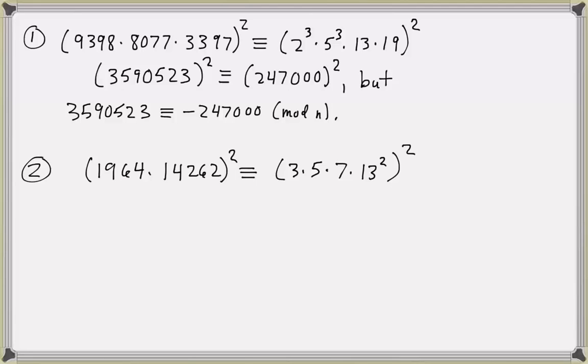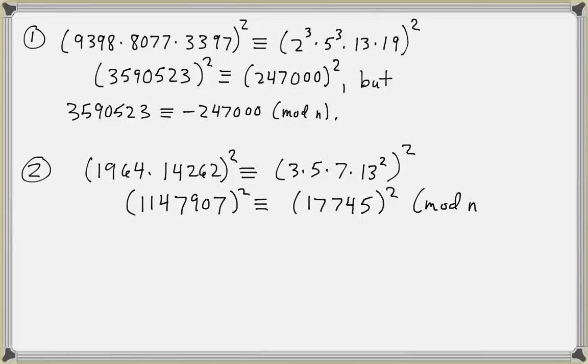This gives 1147,907 squared is congruent to 17745, the quantity squared, mod n.